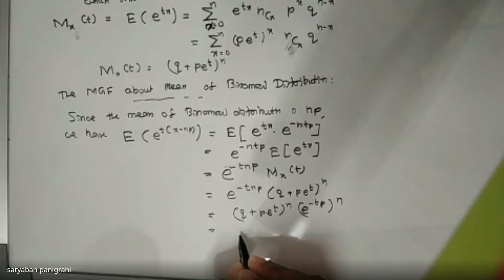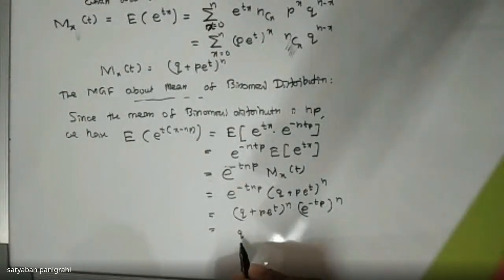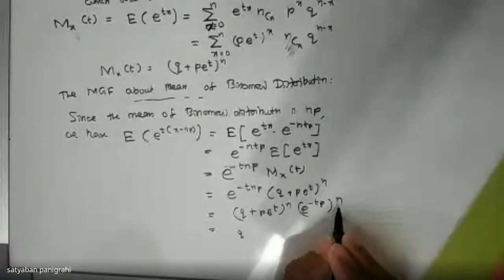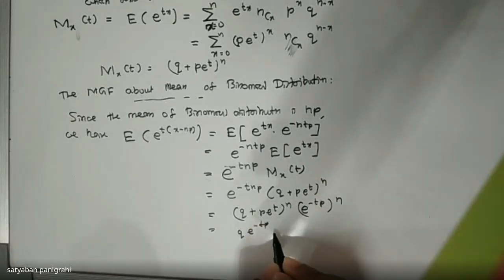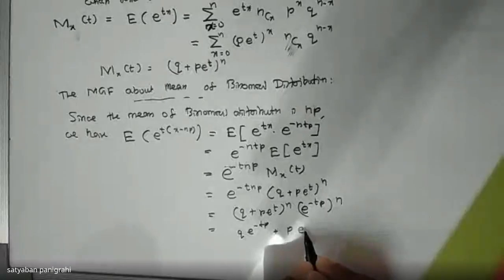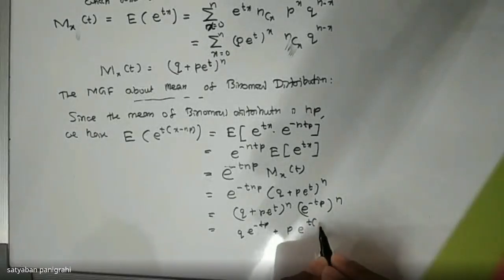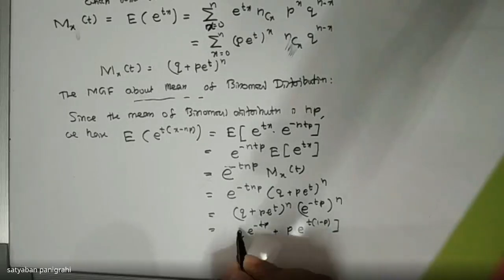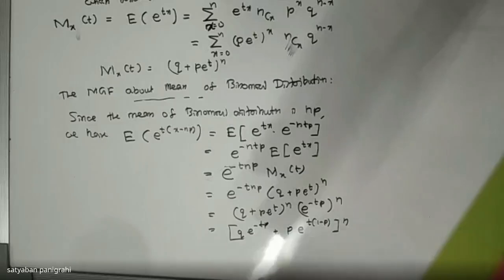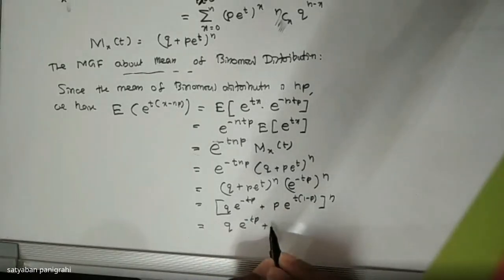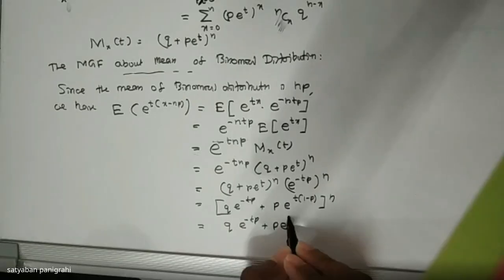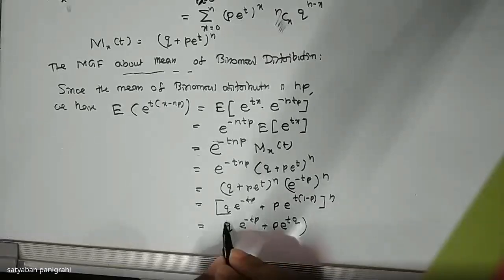Okay. So n power and n power are together, so what do we do? We can write q, since n power is there, that means we can multiply both. (q e to the power minus tp plus p e to the power t into (1 minus p)) whole to the power n. Okay, so this equals to what? (q e to the power minus tp plus p e to the power t), see, 1 minus p as q, to the power n.